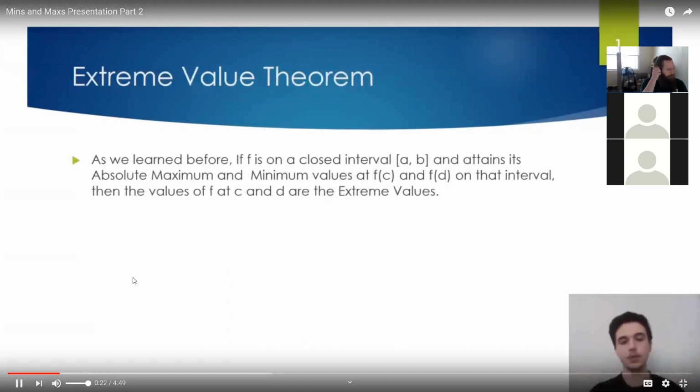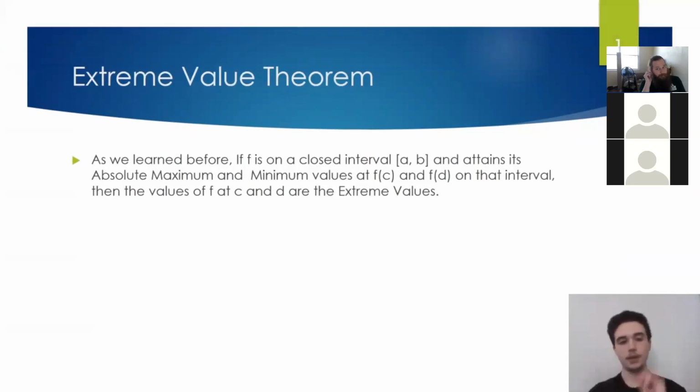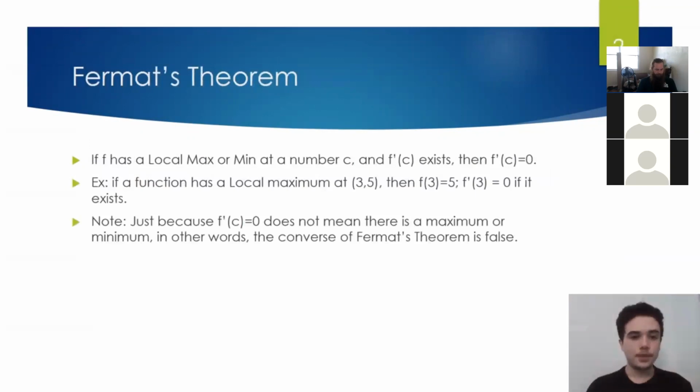So what it's basically saying here is talking about the y values, or the highest values of f, reached at the absolute minimums and maximums. Here we have Fermat's theorem, which says if f has a local maximum or minimum at a number c, and the derivative of f at c exists, then the derivative of f at c equals 0.